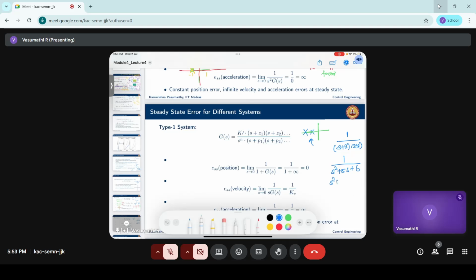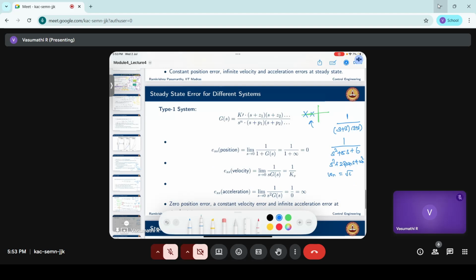If you compare this with the standard equation, this will give you omega n equal to root 6, and 2 zeta omega n equal to 5. Let us consider this as 9 instead, so it will be easy to split. So this will be root 9, so omega n will be 3. Then 2 zeta into 3 is equal to 5, so zeta will be 5 by 6.